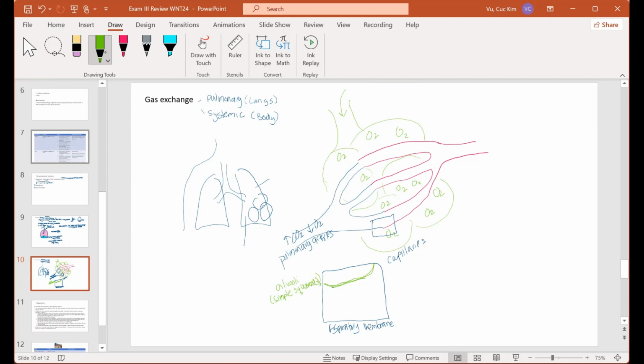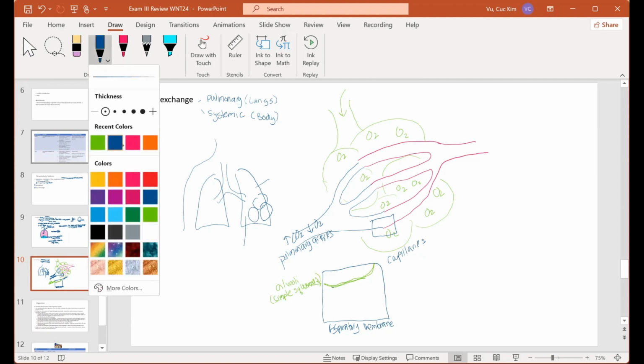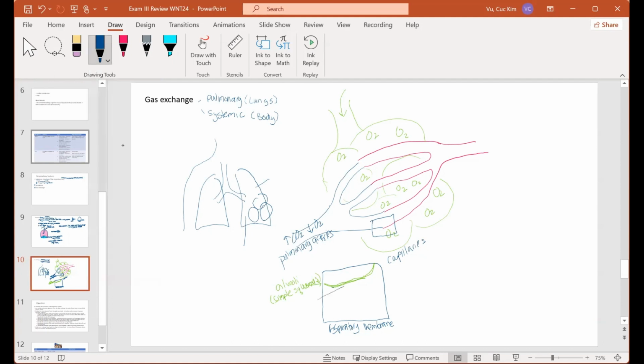Now you have the blood vessel, and you know it's a capillary, right? So the capillary is going to have what type of cell?